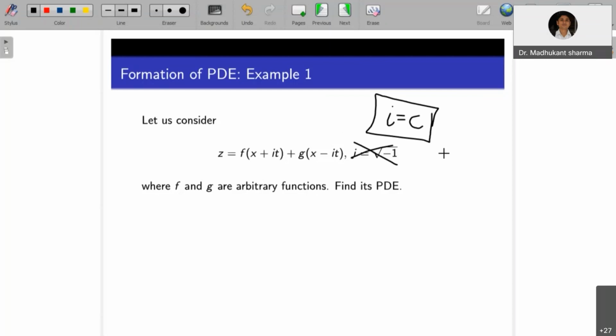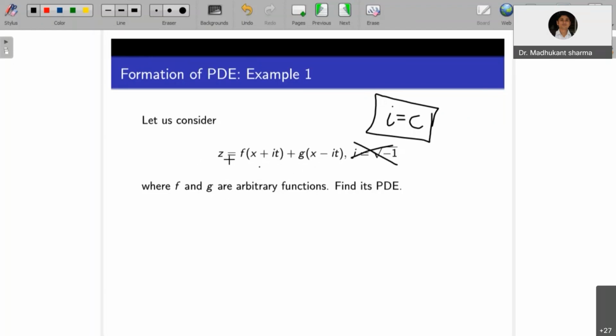For that, you have to differentiate partially with respect to x and partially with respect to t. Looking at the problem, you should get the intuition that since it involves two arbitrary functions, you have to go for at least second order derivatives to eliminate them.